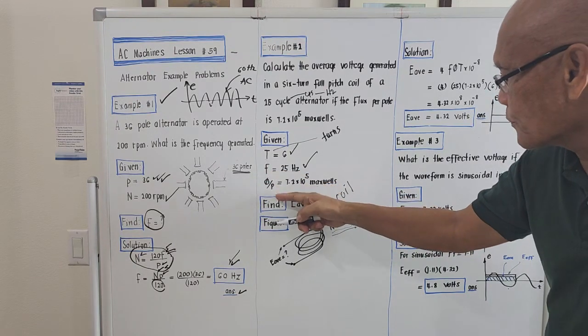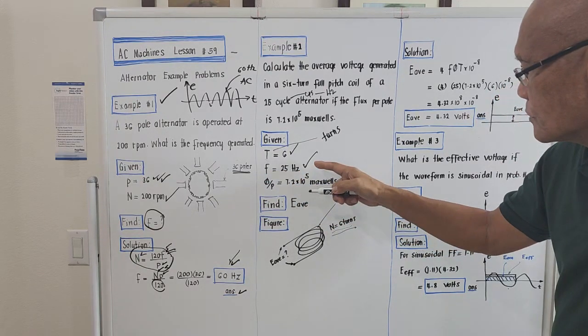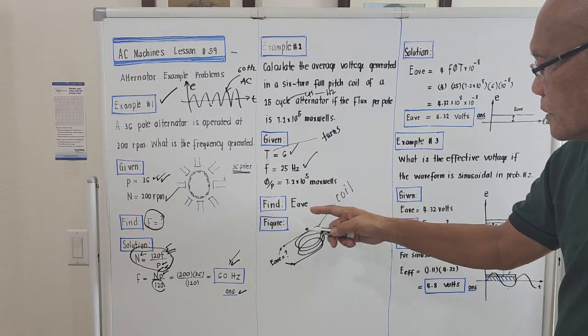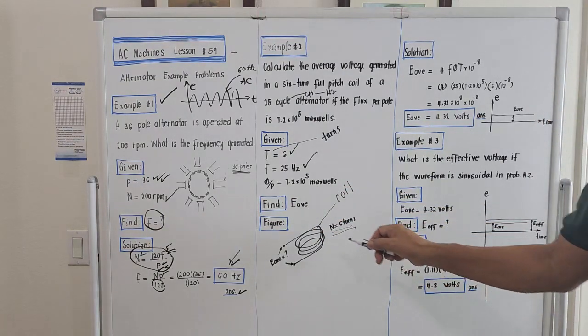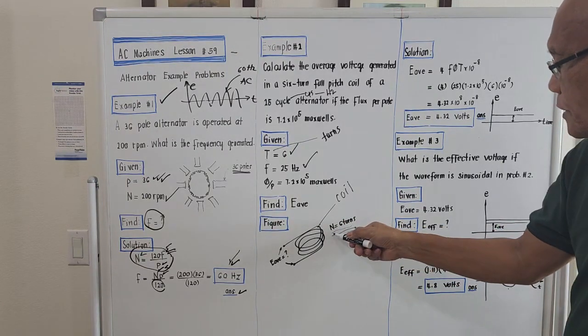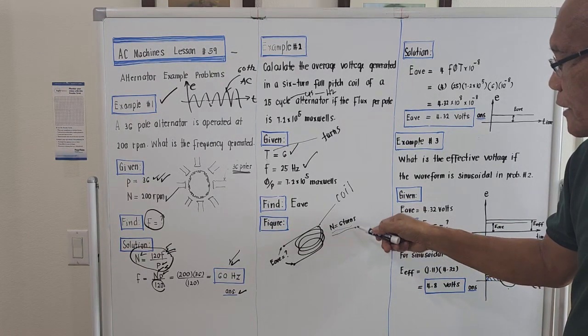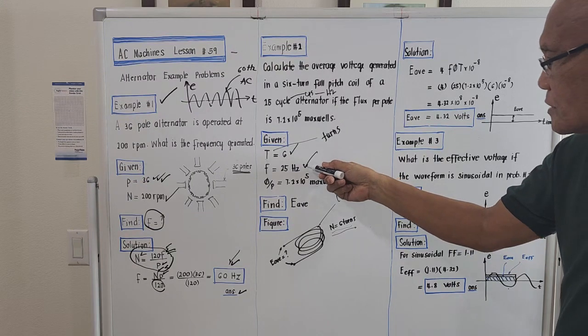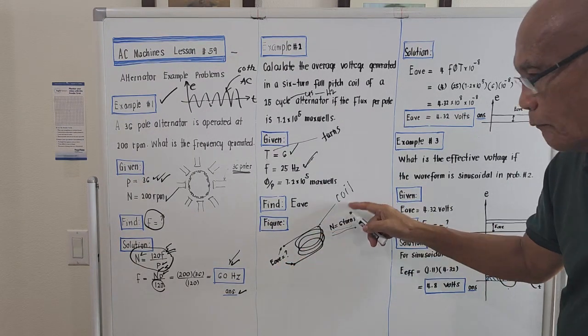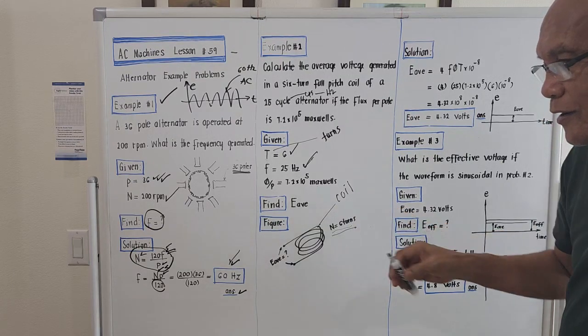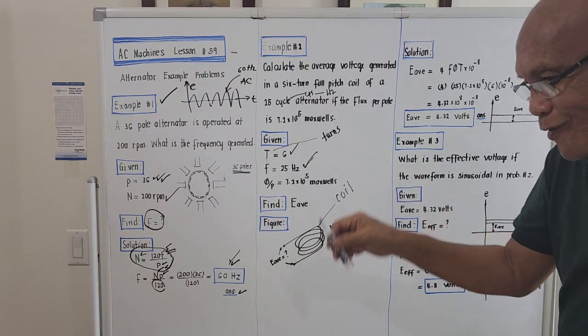We read this as flux per pole, 7.2 times 10 to the 5 Maxwells. We are just given one coil, containing 6 turns, and if the frequency of the alternator is 25 Hz, what will be the average voltage generated per coil? We are just considering for the meantime one coil.